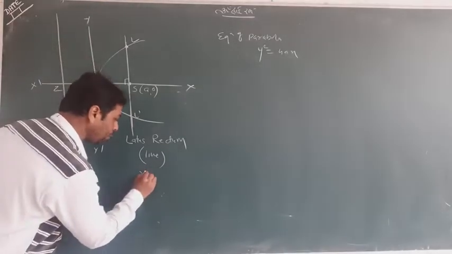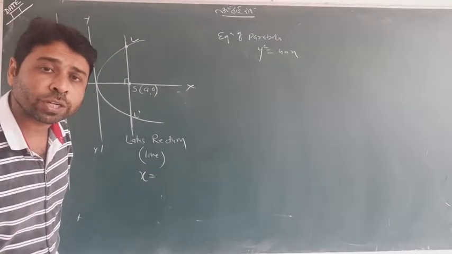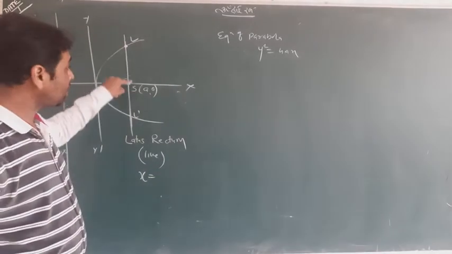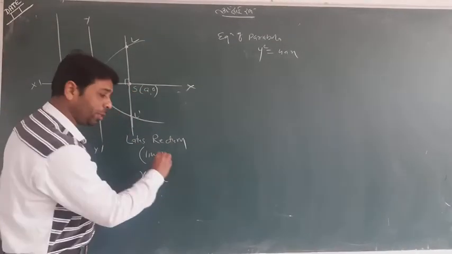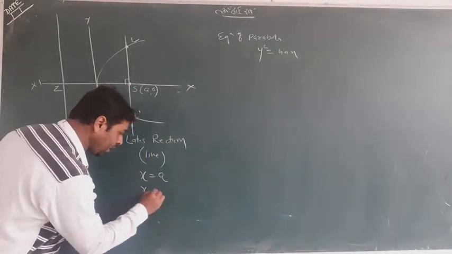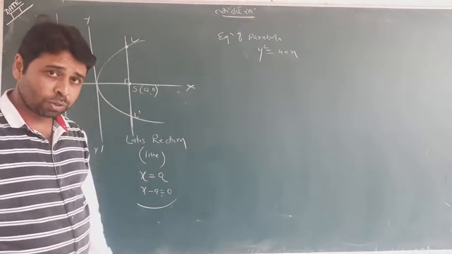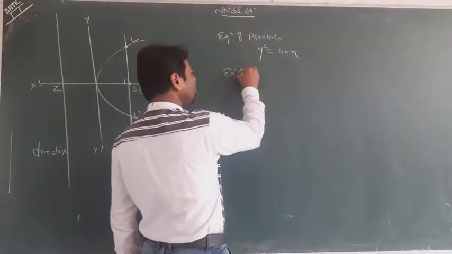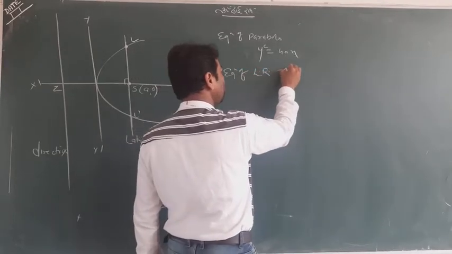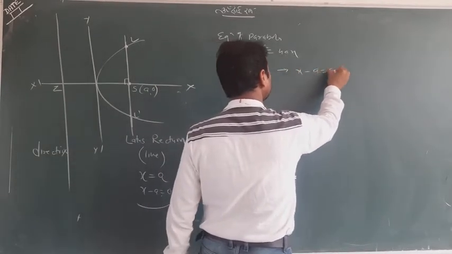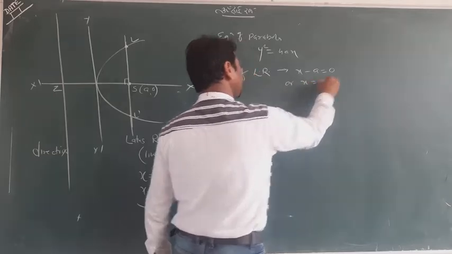When it is parallel to the y-axis, the answer is x equals the constant through which it passes. It passes through (a, 0), so x equals a. So x minus a equals 0 is the equation of the latus rectum, or you can say x equals a.